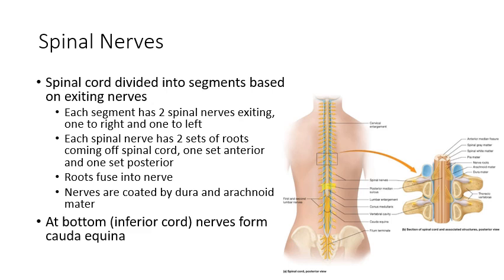But then the nerves that are coming out of that segment are going to continue down in the vertebral column all the way down to the sacrum and exit at the beginning of the sacrum. So at the bottom of your vertebral column, you actually don't have the spinal cord in there. It's just nerves. And that spray of nerves coming out the bottom of the spinal cord is called the cauda equina, which means like the horse's tail.